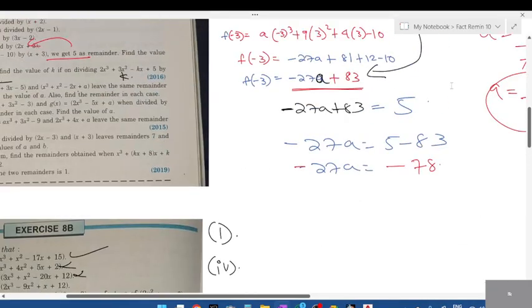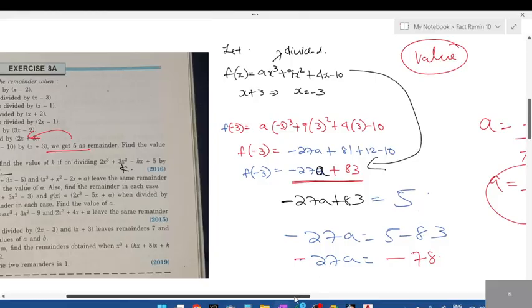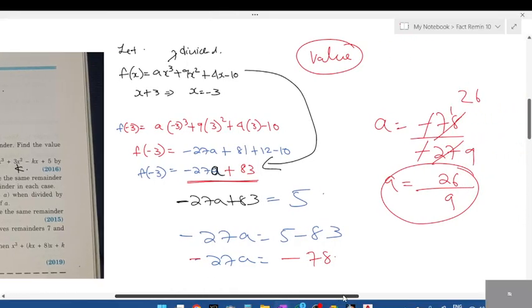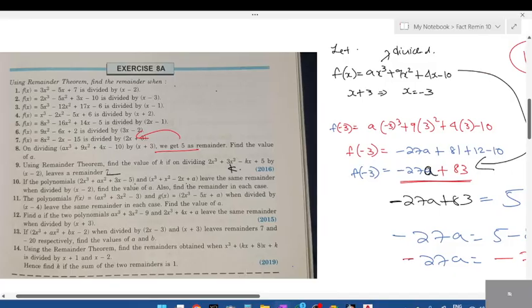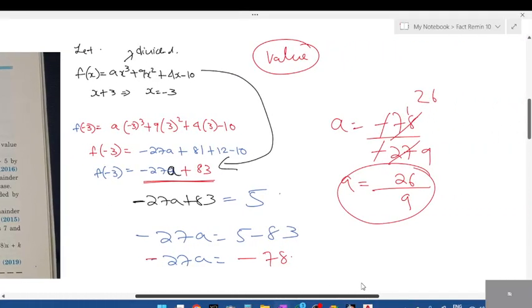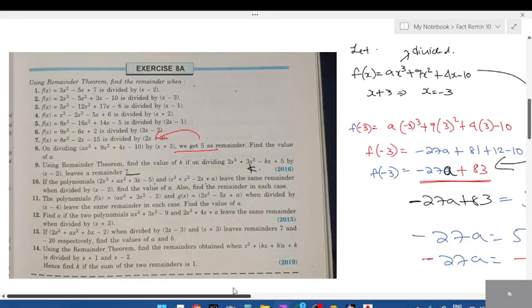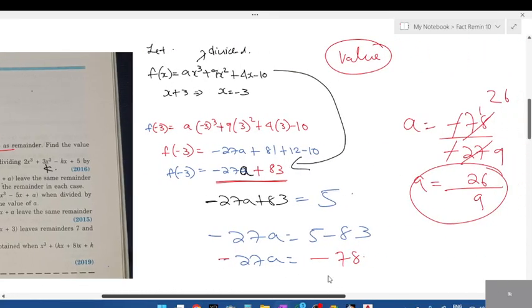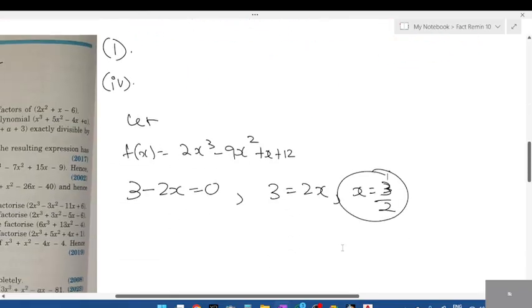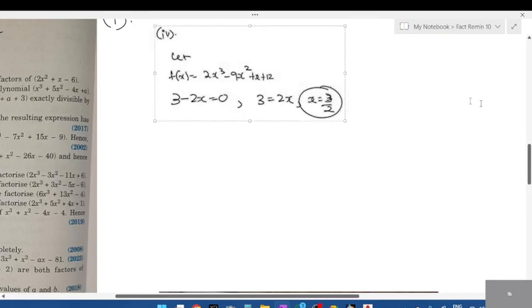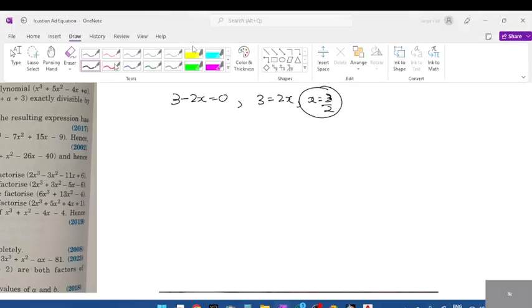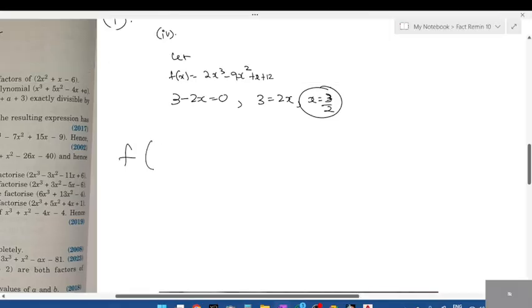Now try this, students. We have gone wrong in this question. A values. Right, f of 3 by 2.